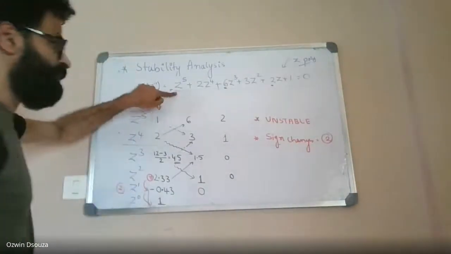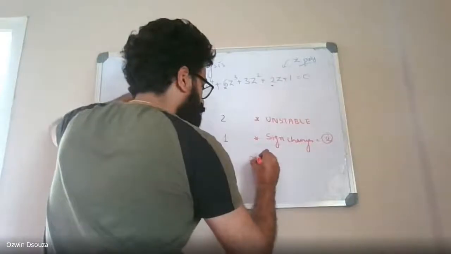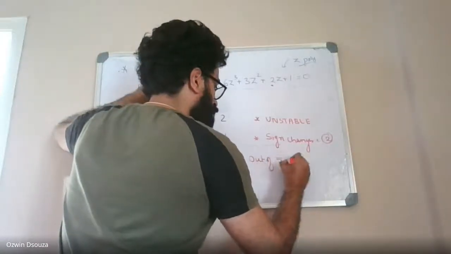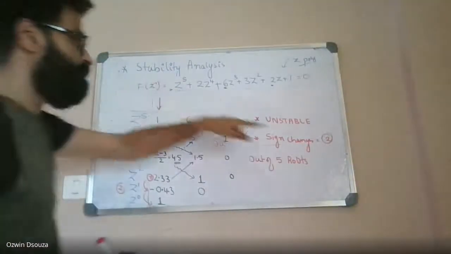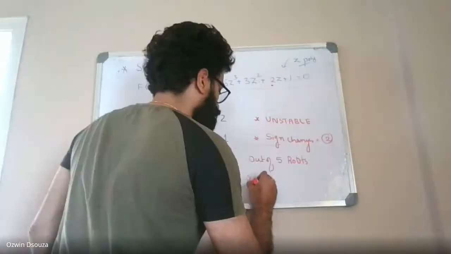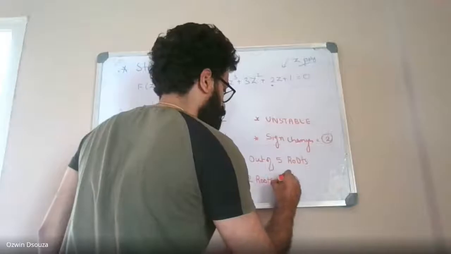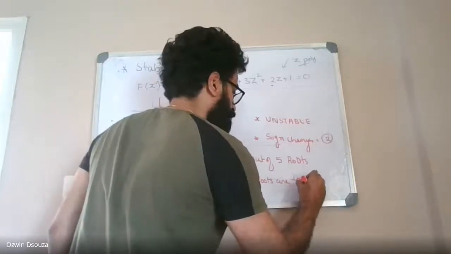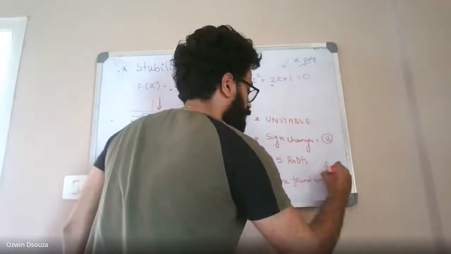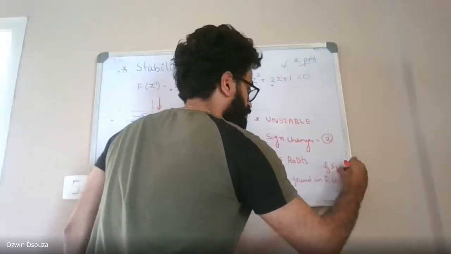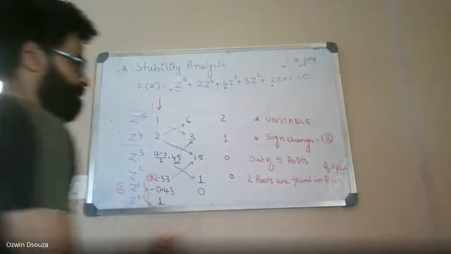It's a 5th order equation. So out of 5 roots or poles, 2 roots are found in RHS of the S-plane, that is right half of the S-plane.